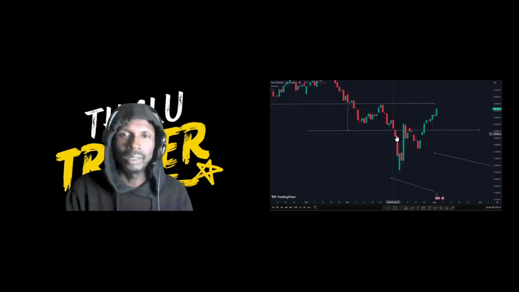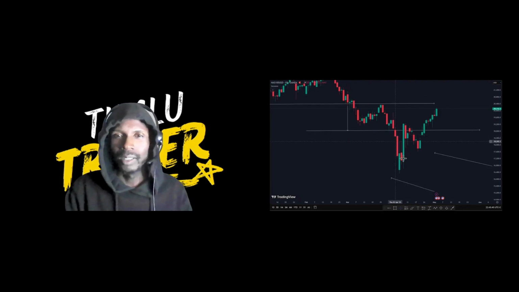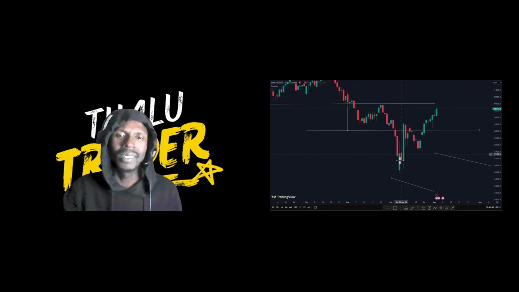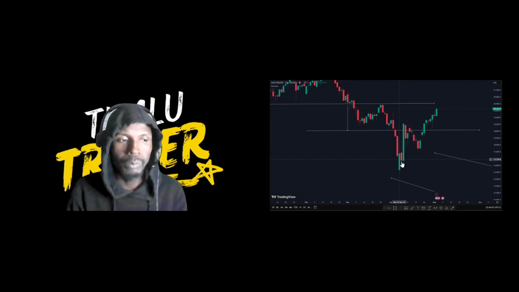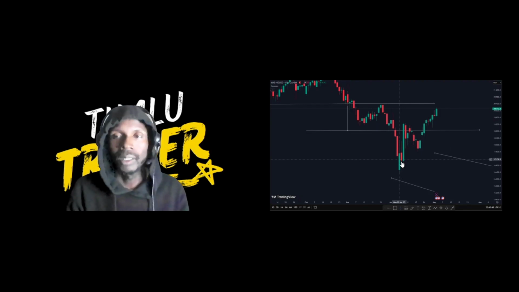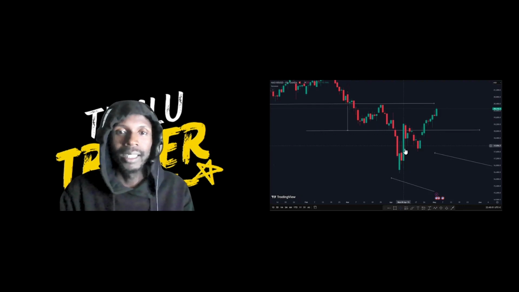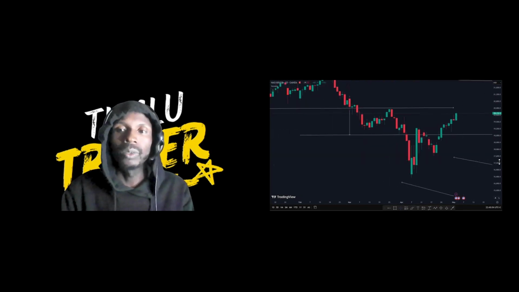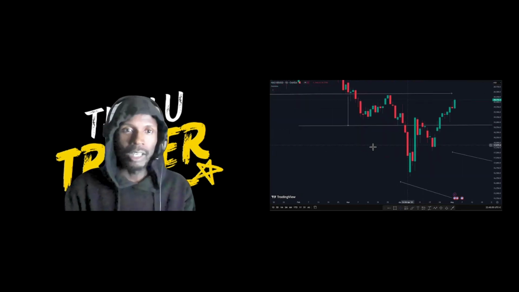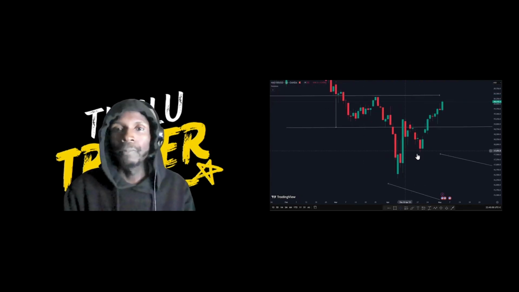Around these areas, around here, this is the push that was happening. I'm not sure about the date, but it kept pushing, pushing, pushing. Then I was like, okay, you know what? Let me just hold, and then I held, got enough, reached the target, and closed.